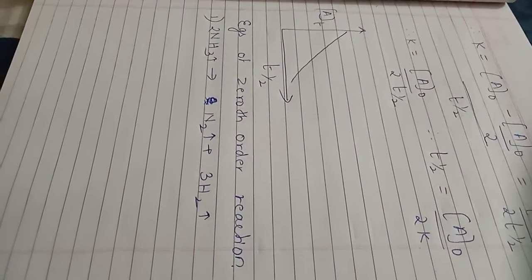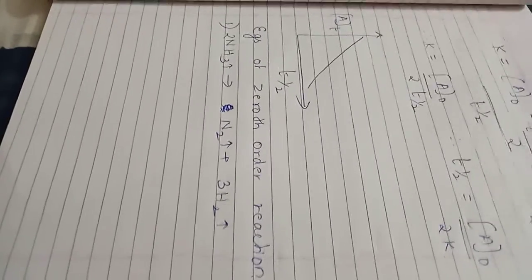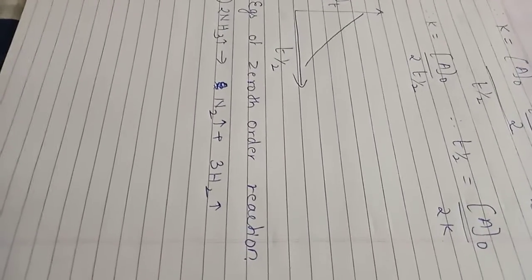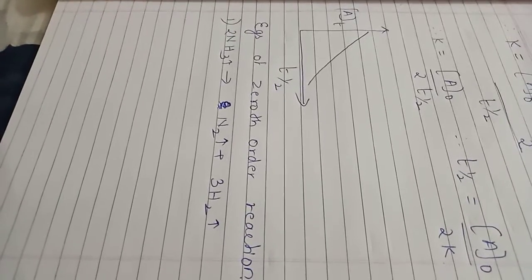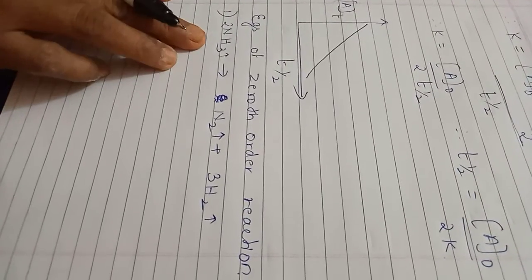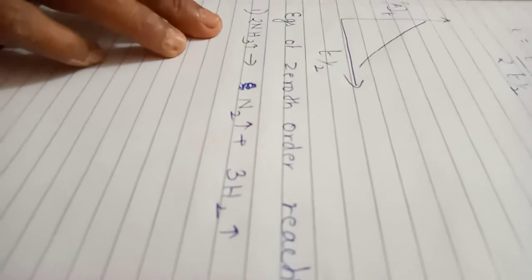If we take 10 ammonia molecules, only one ammonia molecule can cover the surface of platinum. Means the concentration of the reactant there can be considered as negligible, and hence it is a zeroth order reaction.